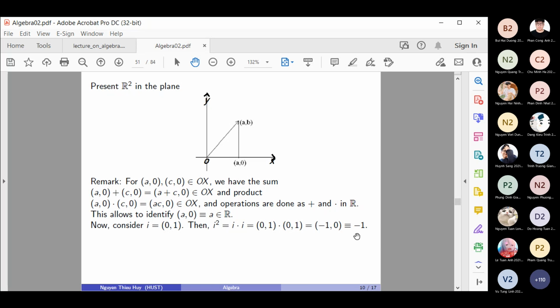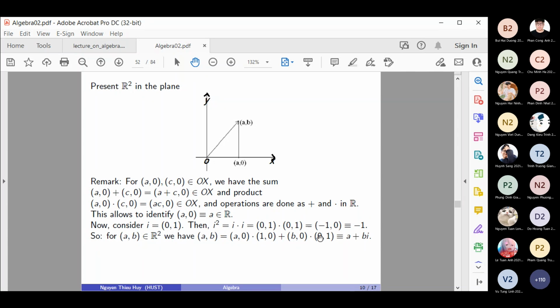It's not only that for fun, it's for another representation I want to use here. So now you have (a,b) in R squared can be written as (a,0) multiplied by (1,0), using the rule for the product that we had before, plus (b,0) multiplied by (0,1). (a,0) is identified with a, so we obtain a; (1,0) is identified with 1, so a multiplied by 1 is again a.